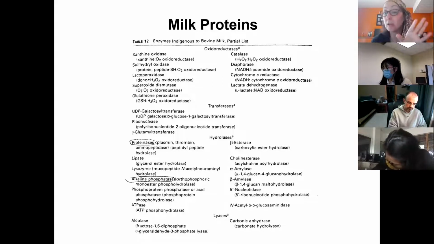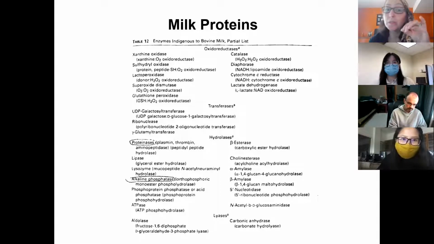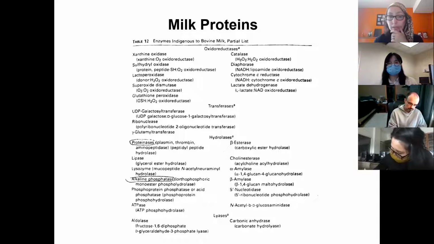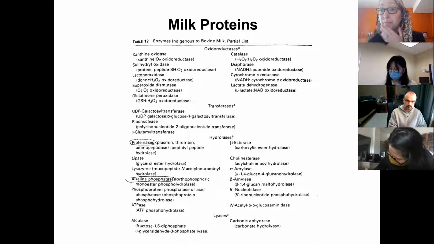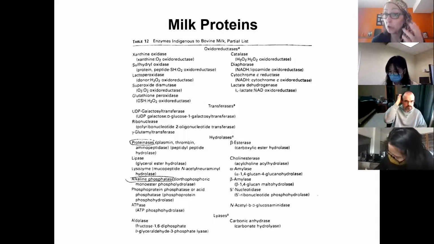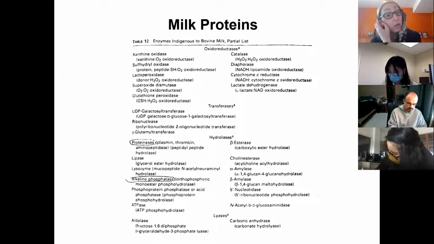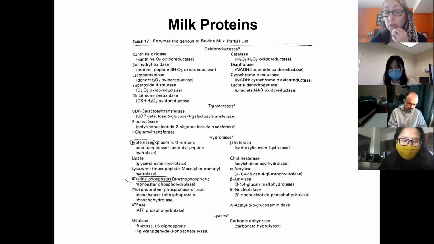Over time, plasmin hydrolyzes casein, especially beta casein, causes thinning of the milk and gelation. So sometimes you see separation of the milk, and that is due to the action of plasmin on the caseins. Also, plasmin is important in cheese ripening. So it does proteolysis during cheese ripening that will also impact the flavor. So it's a very important endogenous enzyme in milk.